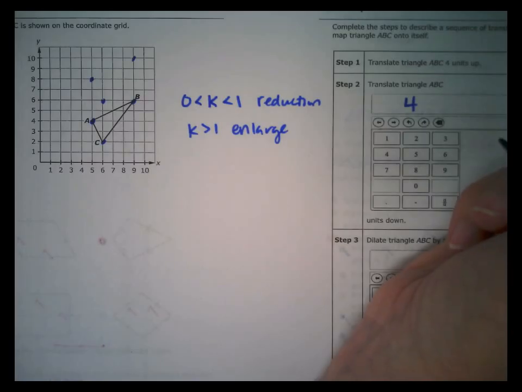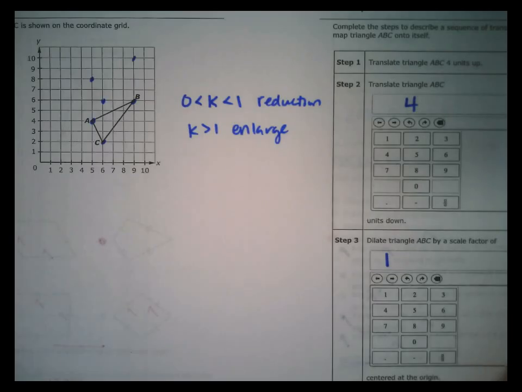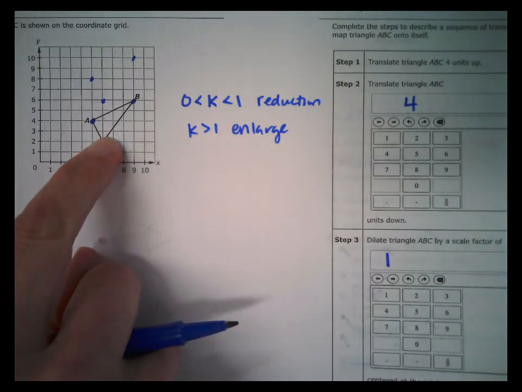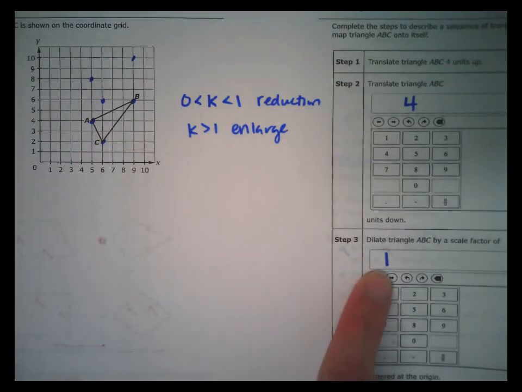So the only number I could use in this situation to keep it exactly the same is 1. I don't want to change the size. I want it to fit exactly on top of where I started. So I'm just going to leave my scale factor at 1. That does not change the size.